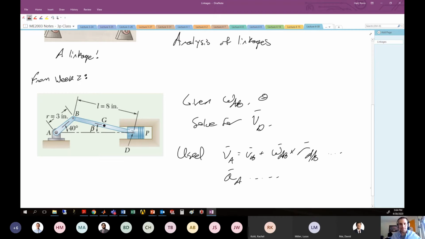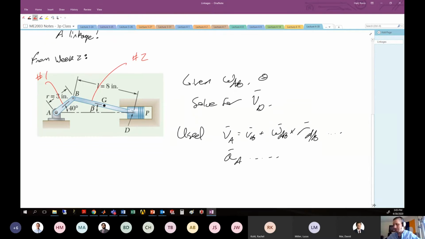And that's fine when the number of links in the chain is relatively low. So in this particular example, you only have 2 links, right? Link number 1 and link number 2. So when the number of links is small, this kinematic analysis that we do is fine. Okay, it gets the job done. It's a little cumbersome because you have to propagate information, and it's annoying in some respects, but it's okay.